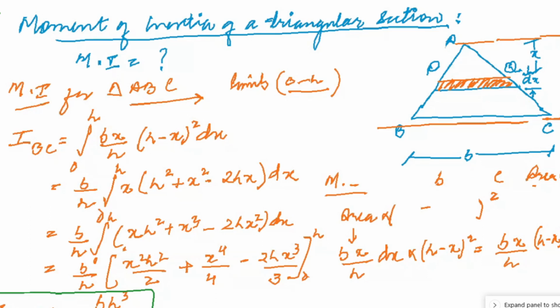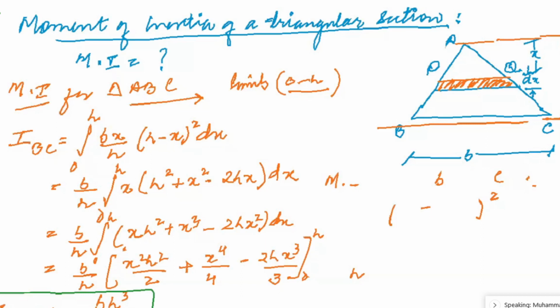Now, this was moment of inertia IBC. This is at the base, right? This is at the base of the triangle. Now, I want to calculate what? Moment of inertia of whole triangle. Of course, now we are talking about the whole triangle.